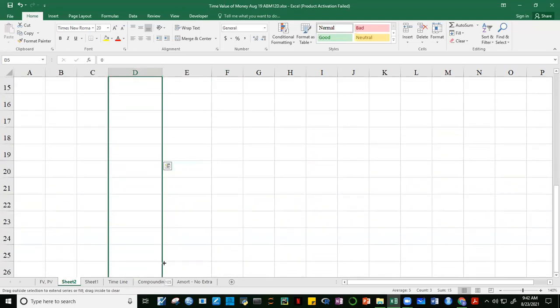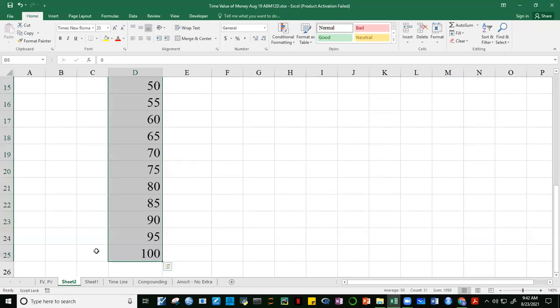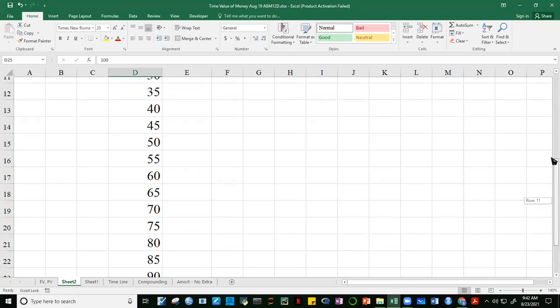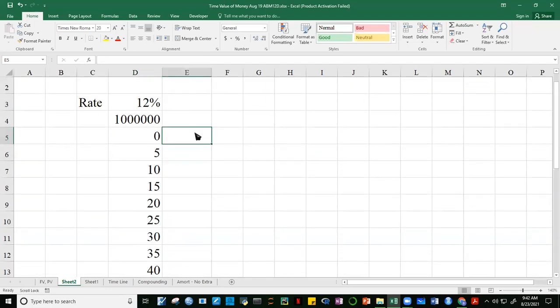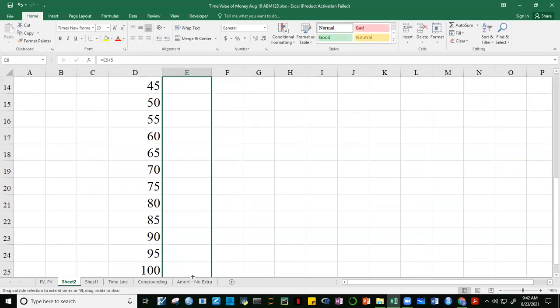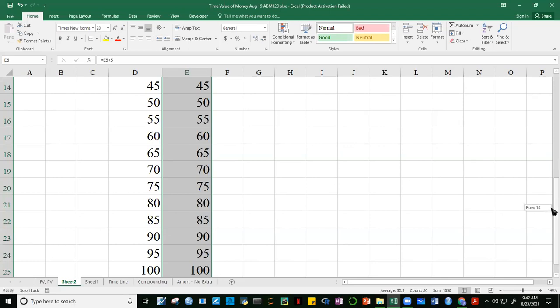Kita nyo. Okay. 100, no? Madaling i-generate yan. Or we can start with 0 and then we add 0 plus 5. Okay, and then copy down. So it will give us the same series of numbers. No?